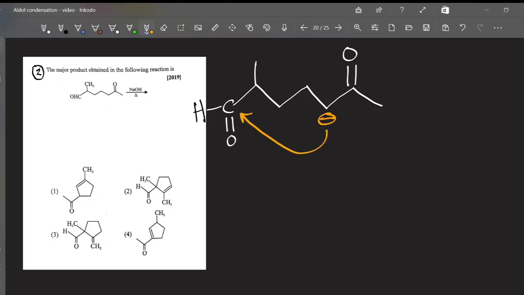I hope you understood the reason. If the previous enolate ion attacks the carbon, then we will get a 7 membered ring which is not stable according to Baeyer strain theory. So we are supposed to go with the 5 membered ring only. This particular enolate ion will attack, and we will get a ring structure.